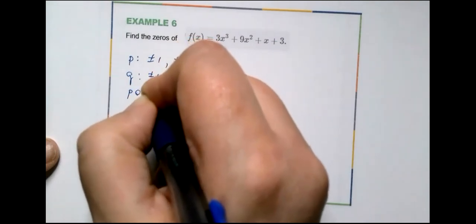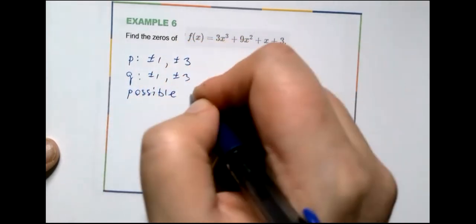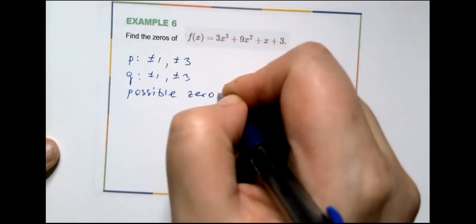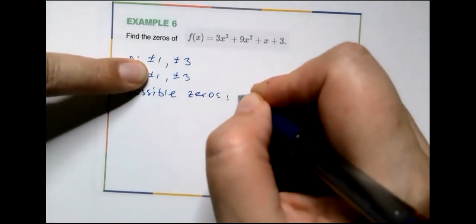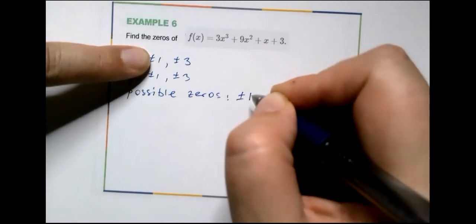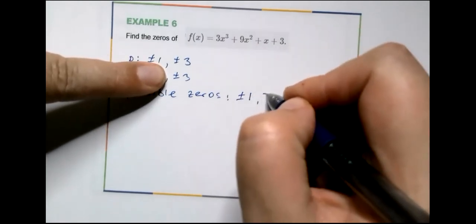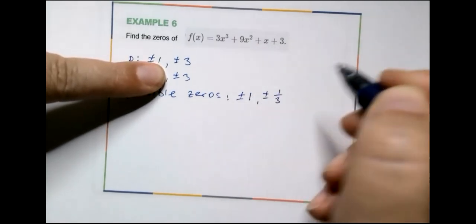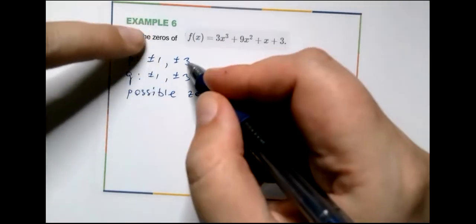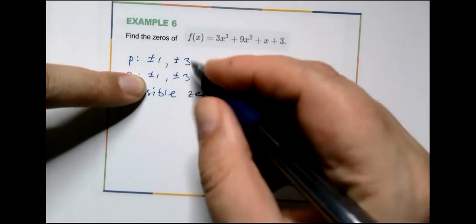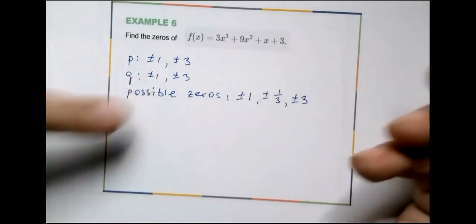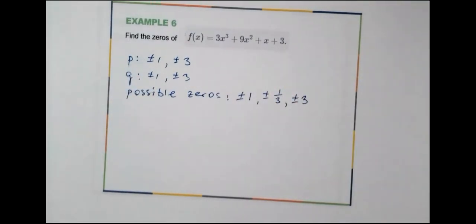So possible zeros are 1 over 1, which is 1, 1 over 3, plus or minus 1/3. Also, we have 3 over 1, so plus or minus 3. And 3 over 3 is 1, which we already have. So we have 6 possible zeros.